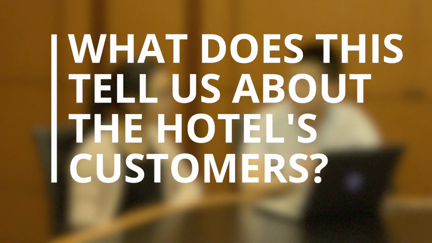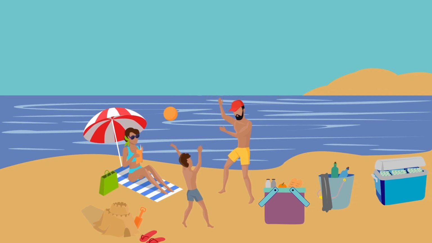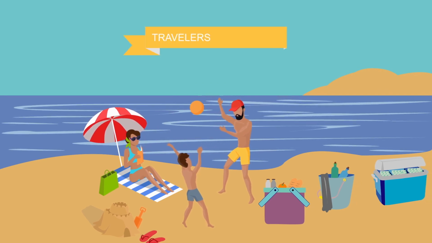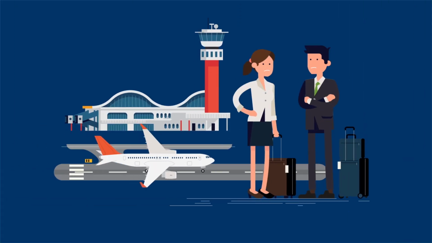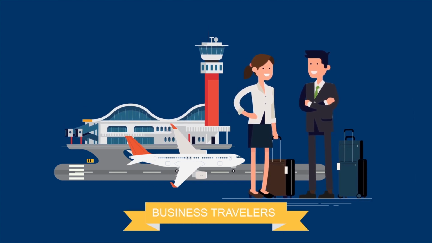Now, what do you think this information tells us about this particular hotel's customers? They come for leisure. Exactly. The travelers or the guests that stay at this hotel are leisure travelers as opposed to business travelers that generally come on the weekdays. And this adds another depth to understanding what this hotel is all about.